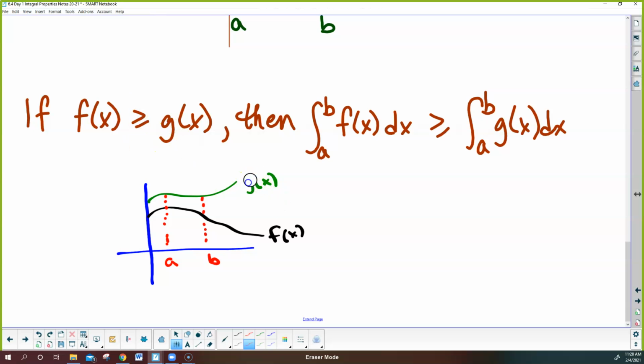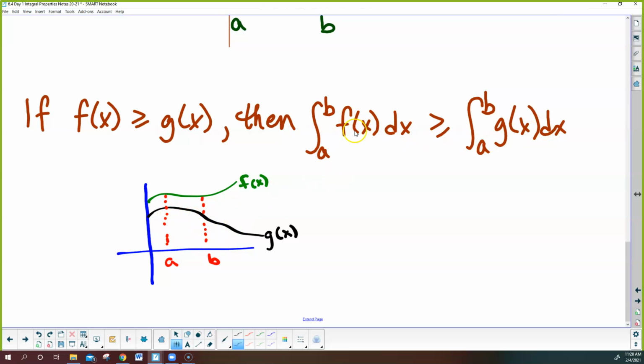These two should be flipped around. So if f of x is higher than g of x for every value, then we know that the area underneath the green curve of f of x is going to be greater than the area underneath g of x.